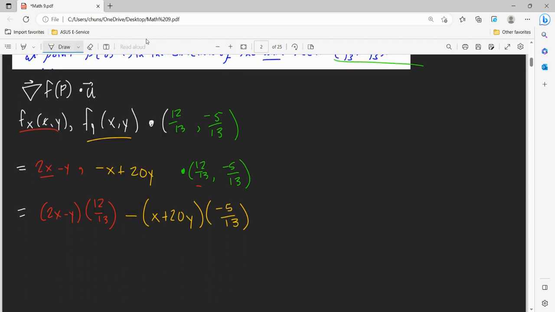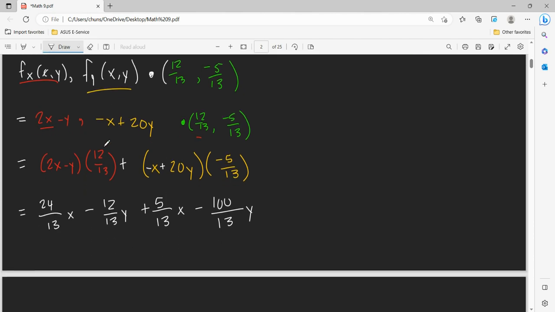So I'm going to simplify this first, then plug in for our values. For our first term, this is going to be 24 over 13 x minus 12 over 13 y, and for the second term, this is going to be positive 5 over 13 x, and negative 100 over 13 y.